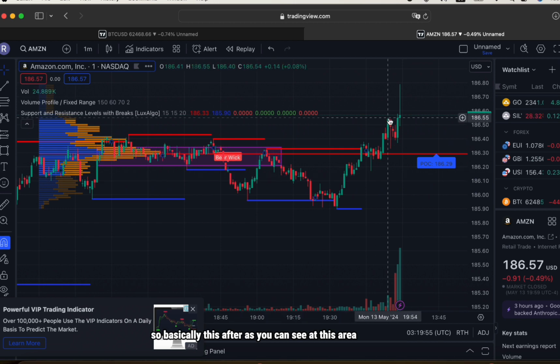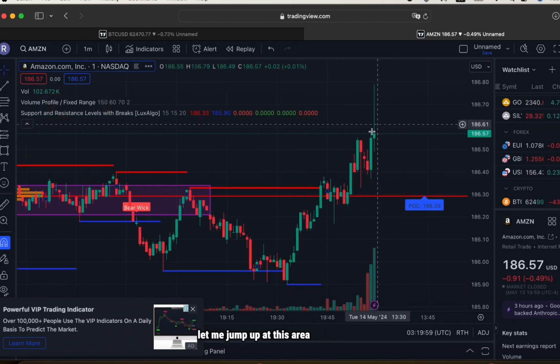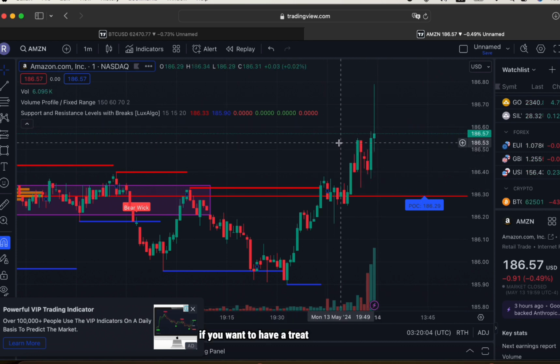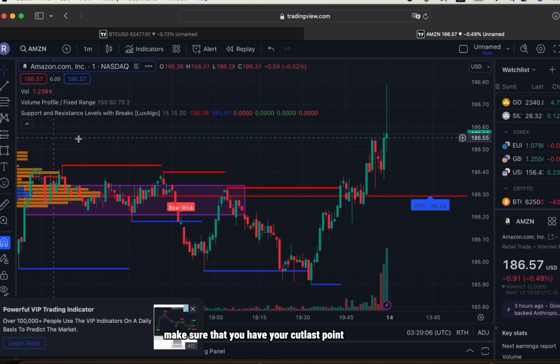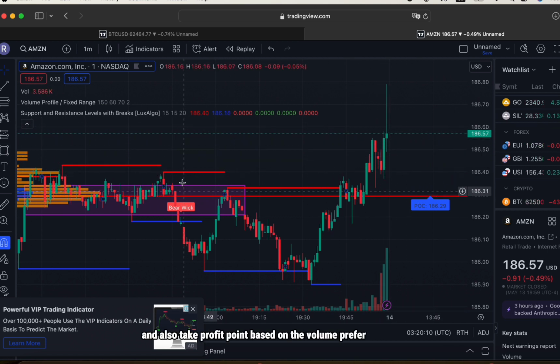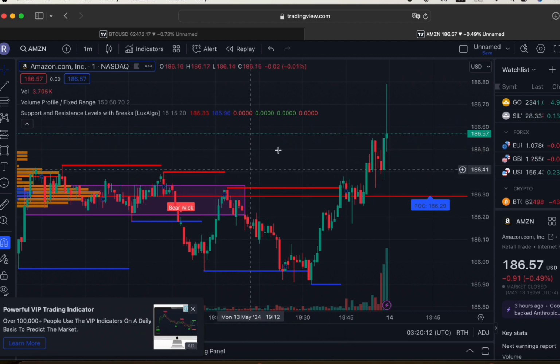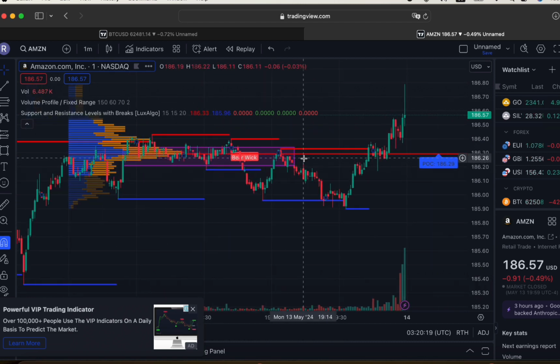As you can see at this area, let me zoom in. If you want to have a trade, make sure that you have your cut loss point and also take profit point based on the volume profile, because most of the retailers will be at this area.